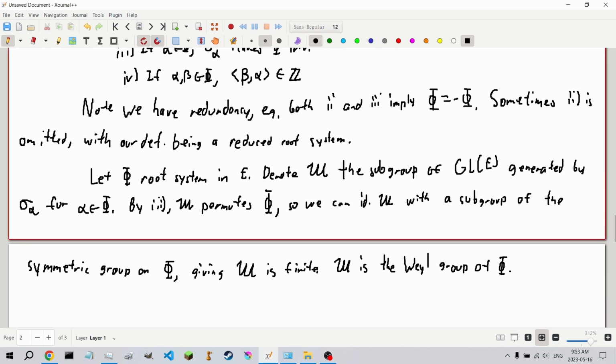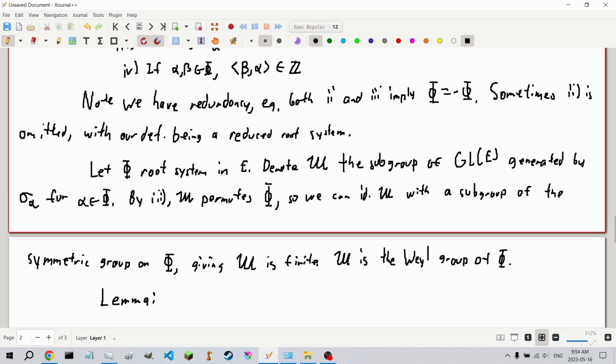So we can have a lemma detailing how certain automorphisms of E act on this Weyl group. Lemma.